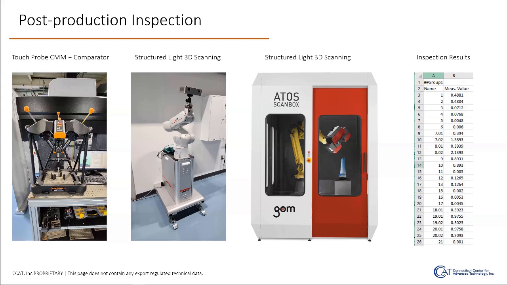Because the two aren't exactly related. We used the GOM ATOS, which you see on my right, and an M3DI scanner. Both of those are structured light scanners. And then we also used the CMM, and a comparator that uses the data from the CMM.